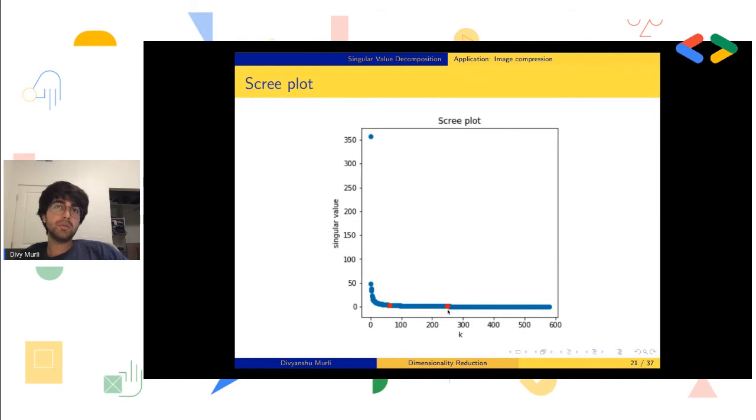These two red dots here, this one's 0.2 and this one's 0.8. So after maybe the first 25 singular values, or 30, maybe 40, up till about 30, you're capturing actual information about the image. But after that, it's more or less a flat line, so you're not really getting anything out of it.